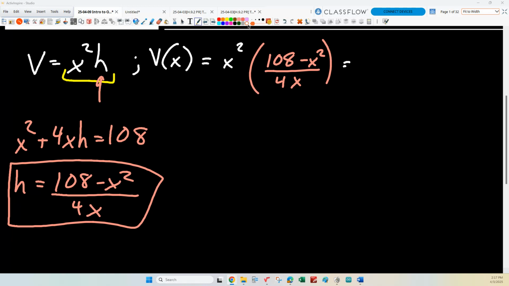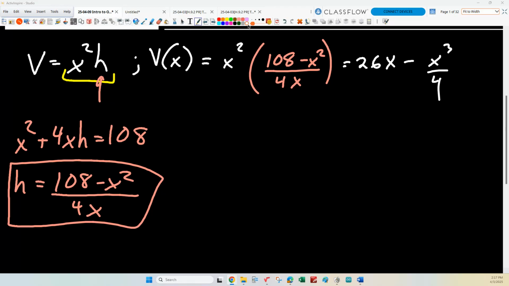Yeah, we could, right? If we distribute the x squared, we're going to get 108x squared over 4x. Well, 108 over 4 is what, 27? So I just get 27x when I make my first substitution, right? Minus x cubed over 4. Everybody agree? Okay. Does that make sense?